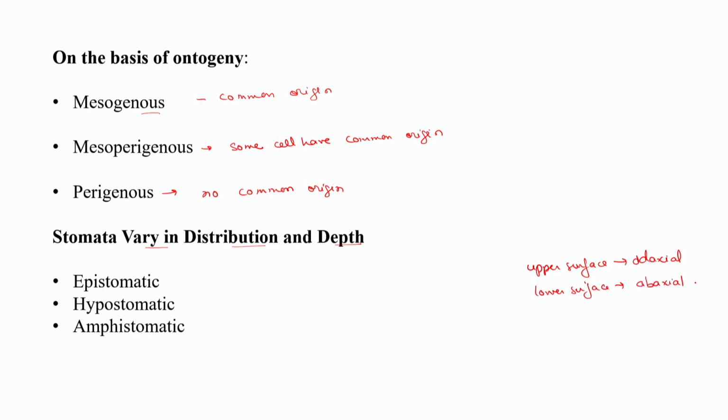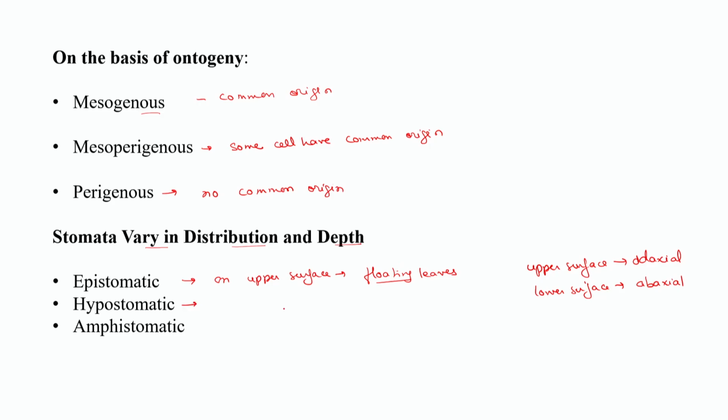The distribution of stomata is also not uniform on both surfaces. We call it epistomatic if stomata are found only on the upper surface, like in floating leaves. So if the leaf is floating, stomata will be found on the upper surface.